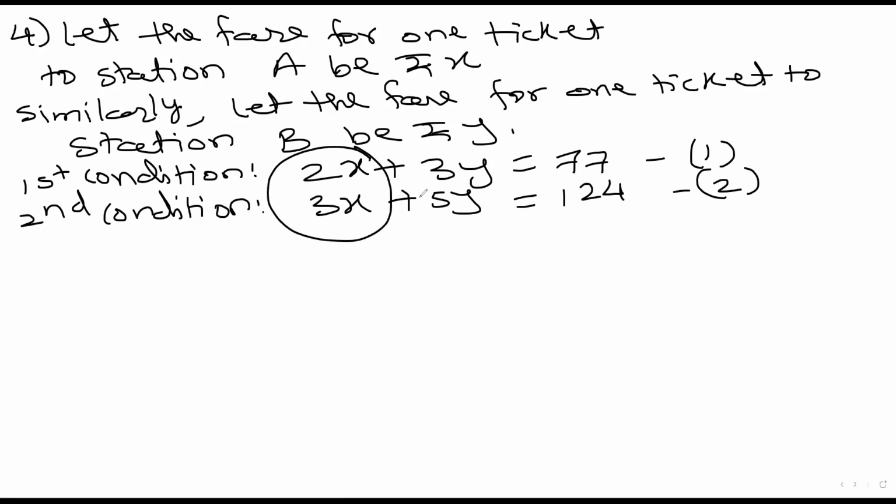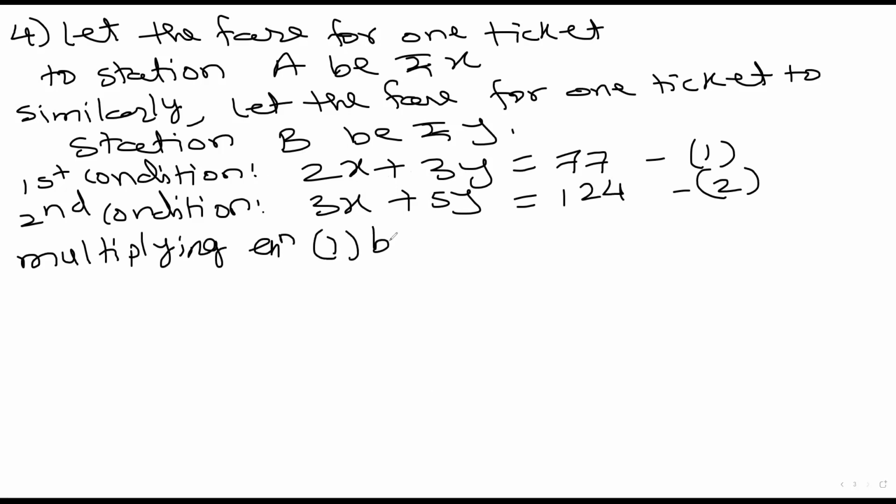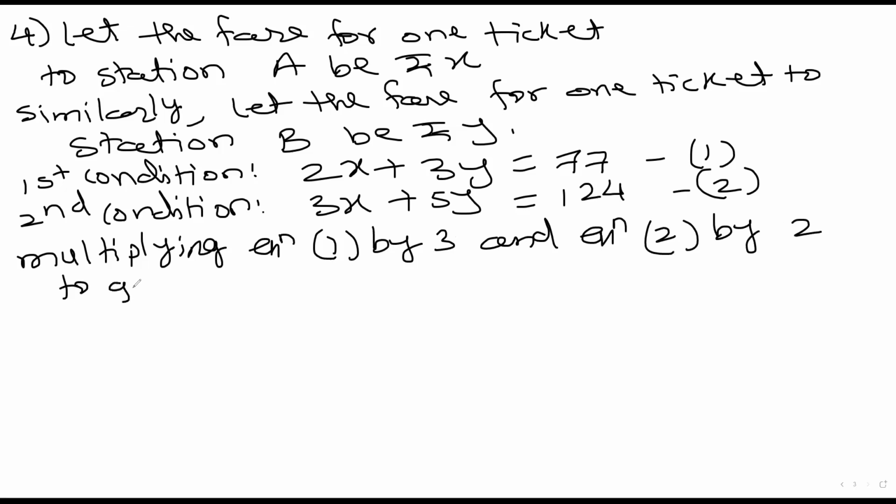So here it's better to use equating the coefficients. The coefficients of x are smaller compared to the coefficients of y. So what we will do, we will multiply equation 1 by 3 and equation 2 by 2. Okay, so write down: multiplying equation 1 by 3 and equation 2 by 2, to get, what do you get? 6x plus 9y is equal to 77 into 3, which is 231.